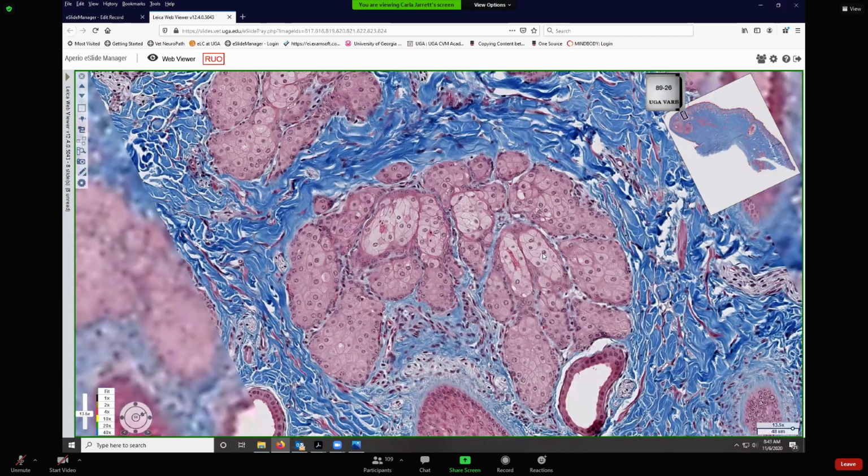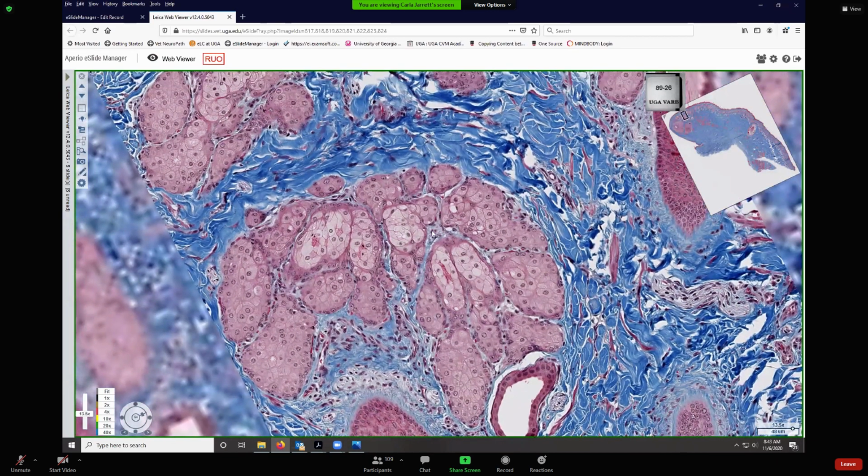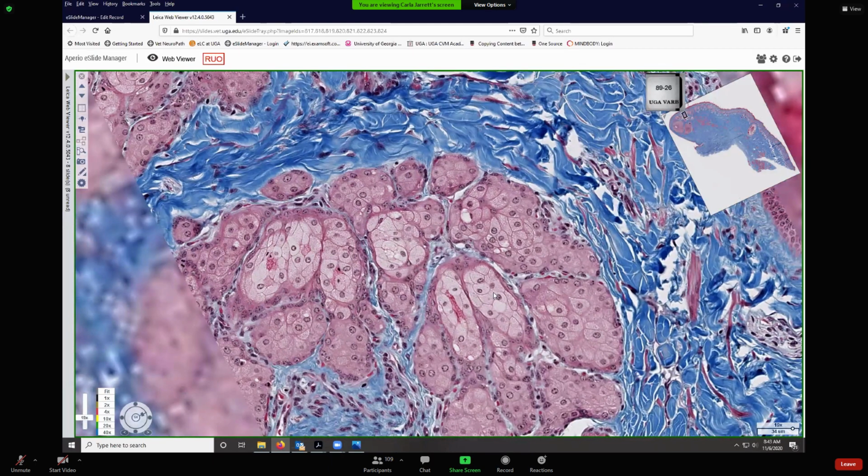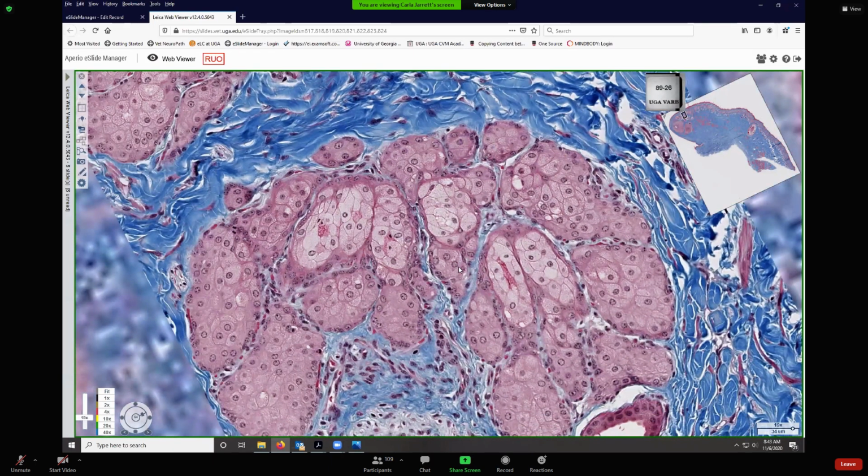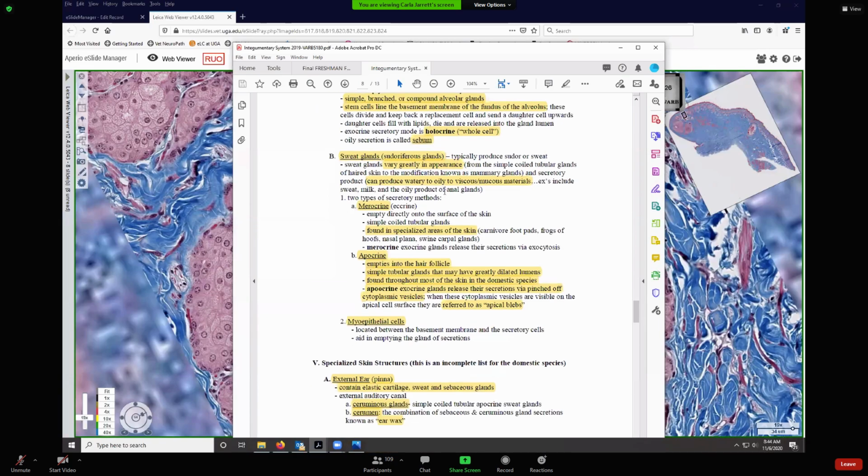So sebaceous glands are alveolar glands that may branch, may be simple, may be compound, and they secrete sebum by the whole cell method, which is called holocrine. Sweat glands are called sudoriferous glands, and they vary greatly in appearance.